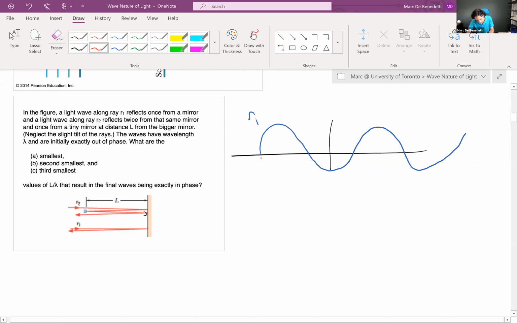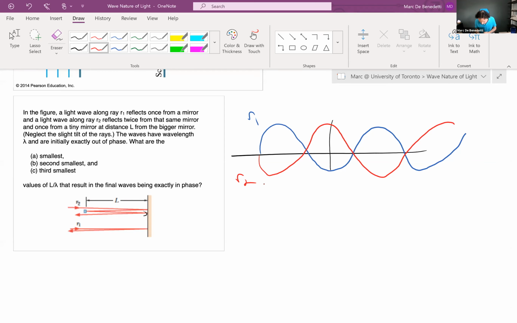Out of phase means ray 2 would look like this. That's what out of phase means. It means if they were to be combined, they would be completely nullified and they would black out. In phase means when one ray has a maximum, the other ray has a maximum. When one ray has a minimum, the other ray has a minimum. Out of phase means the opposite.